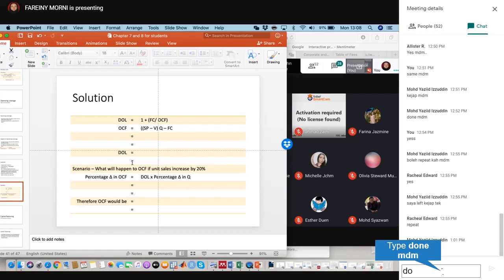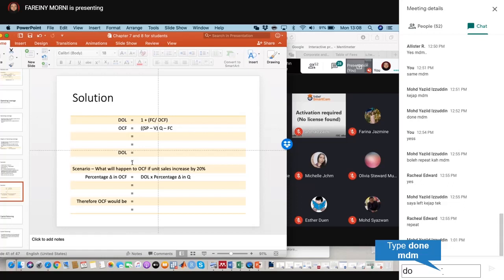Alright, so the next one, OCF at accounting break even point. So what is OCF? Sales minus the cost times 1 minus tax, add back depreciation times tax. So you get your OCF at 210,000. Cash break even is 10 units.